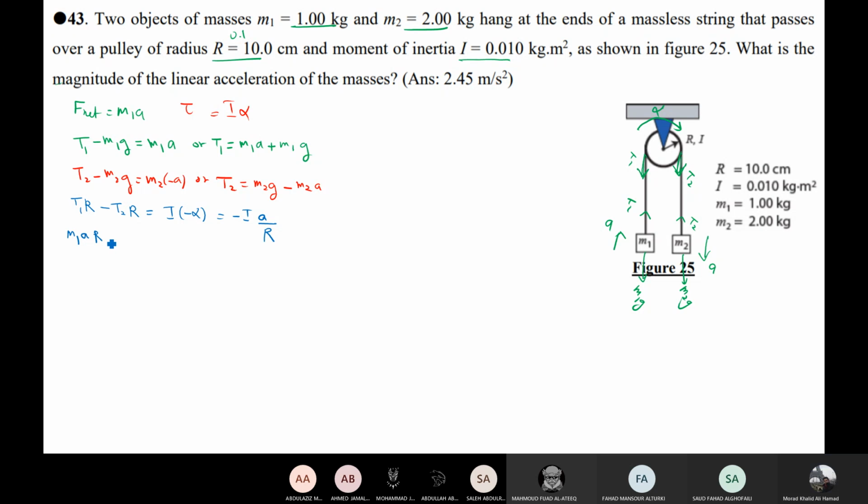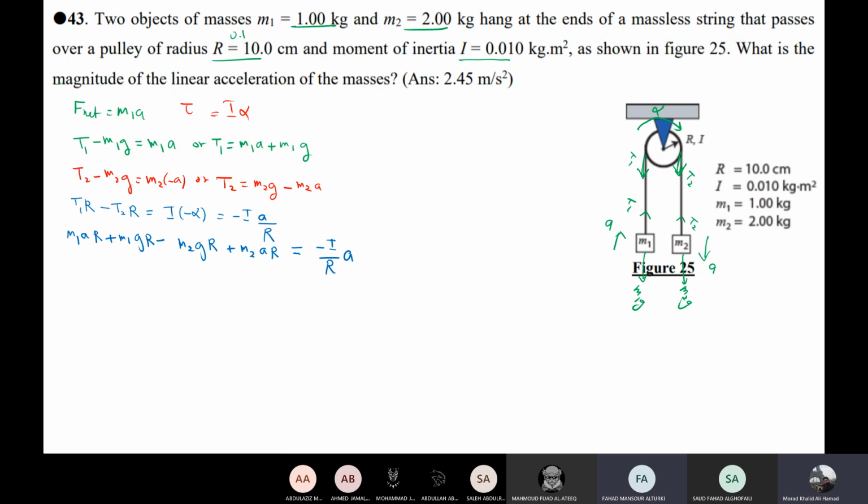R plus M1G R minus, instead of T2 I will put M2G times R plus M2A times R. This is equal to minus I over R times A.